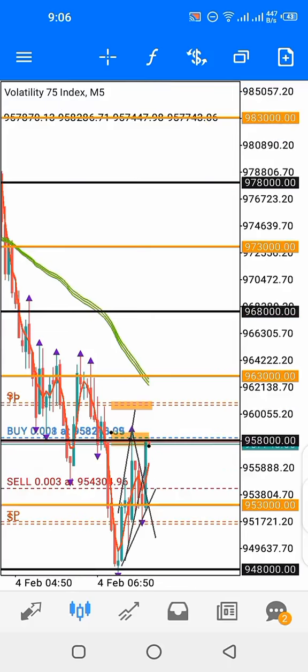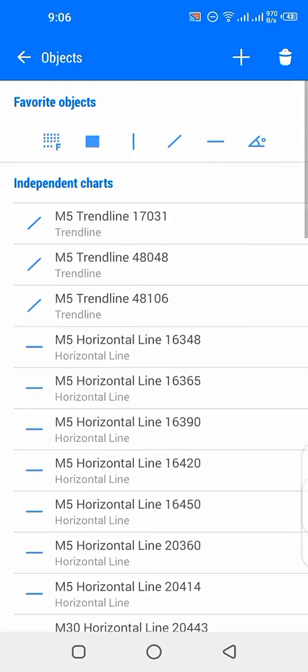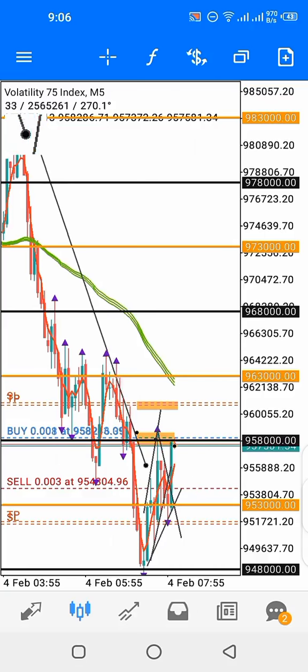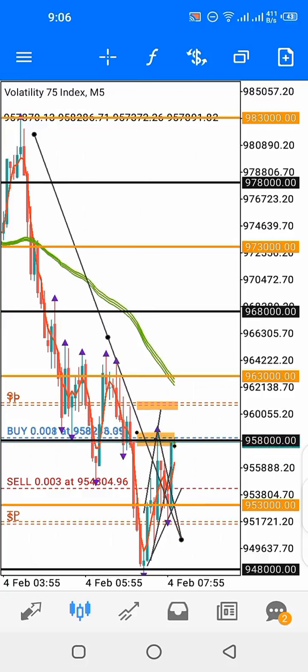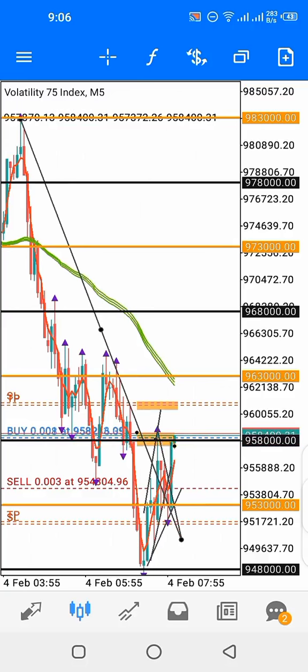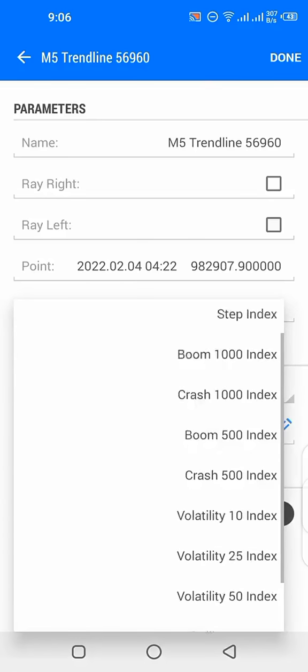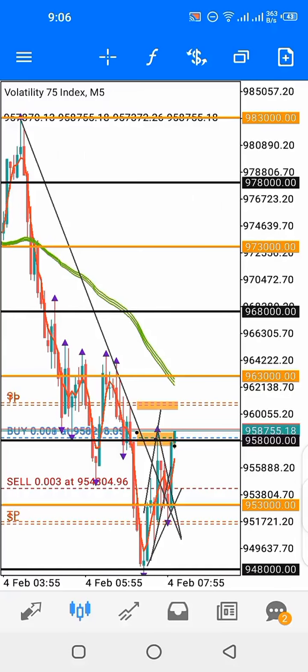What I just did now is to put an ascending trend line. Then I'll just zoom out for us to see that the buyers are trying to retrace price upward. That's a descending trend line being drawn on the screen, showing how buyers are able to break above the descending trend line, made a retest, and then push price up.